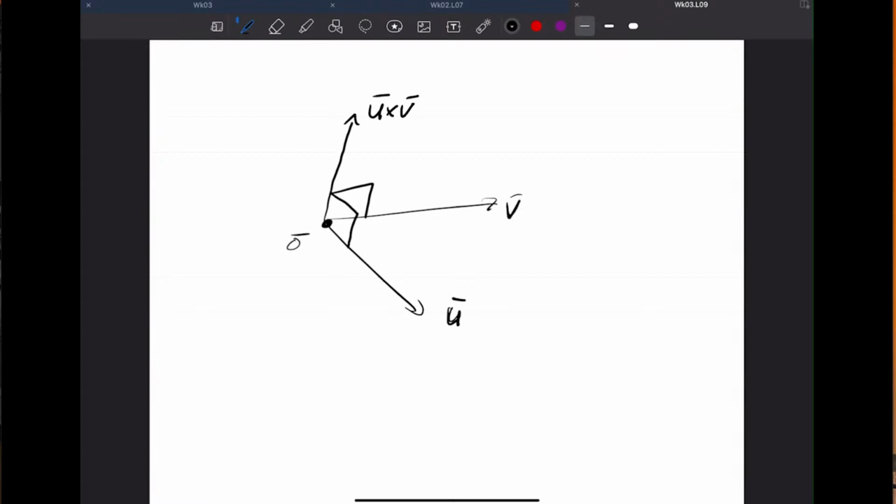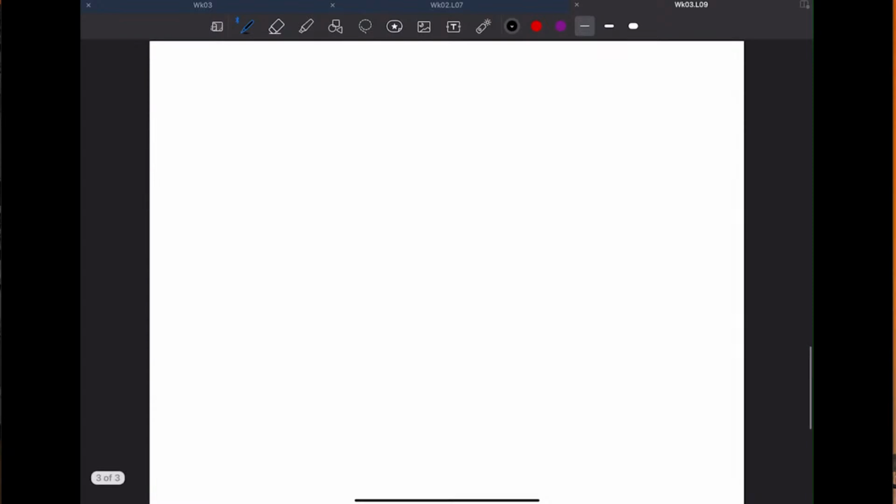This is very useful if we have two vectors and we're looking for a new vector that is perpendicular to them. We can just immediately compute the cross product, and that will give us a new vector that is perpendicular to the inputs. So let's take a look at an example where we will apply this.